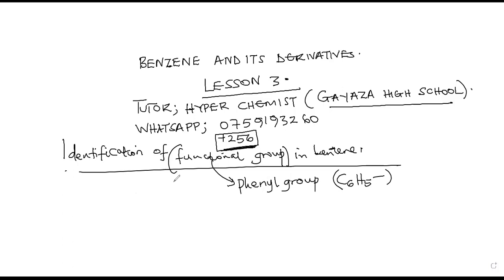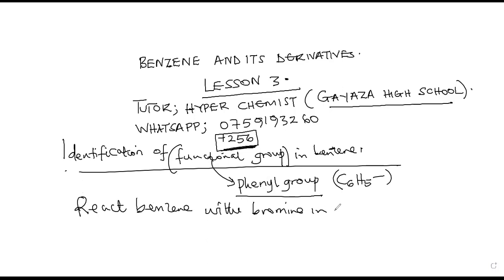So basically, to identify this phenyl group, we test, or we react benzene with bromine in presence of aluminum chloride.